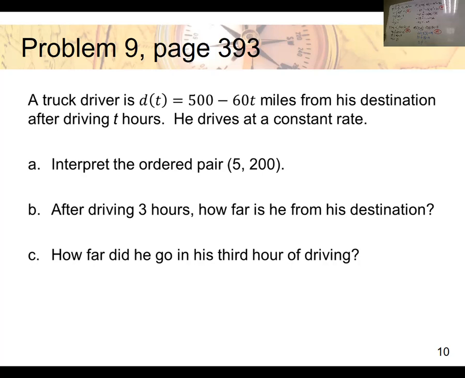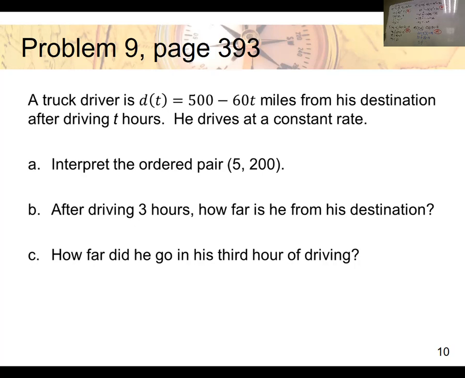In part B, after driving 3 hours, how far is he from his destination? And part C, how far did he go in his 3rd hour of driving? So let's try to interpret the ordered pair 5, 200 from that particular function.